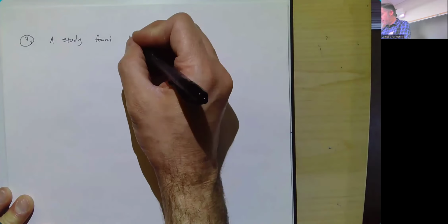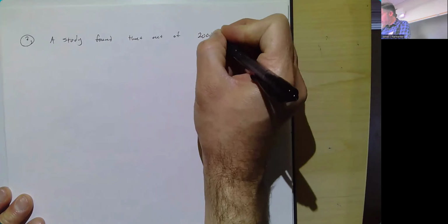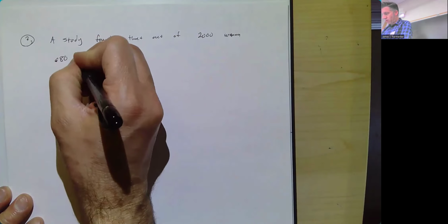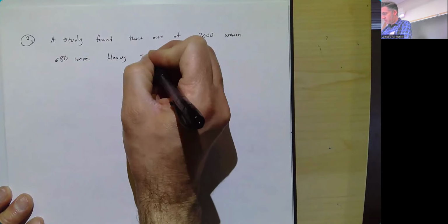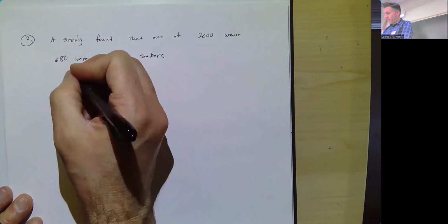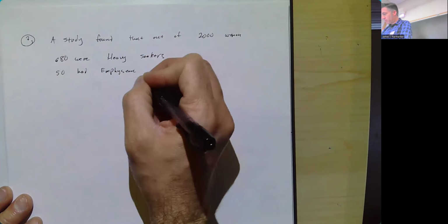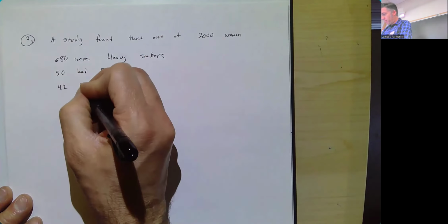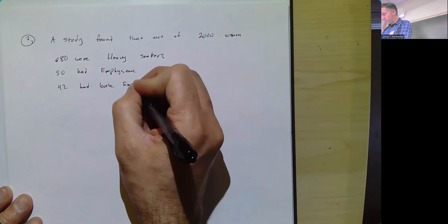Study found that out of 2,000 women, 680 were heavy smokers. 50 had emphysema. And 42 had both emphysema and were heavy smokers.